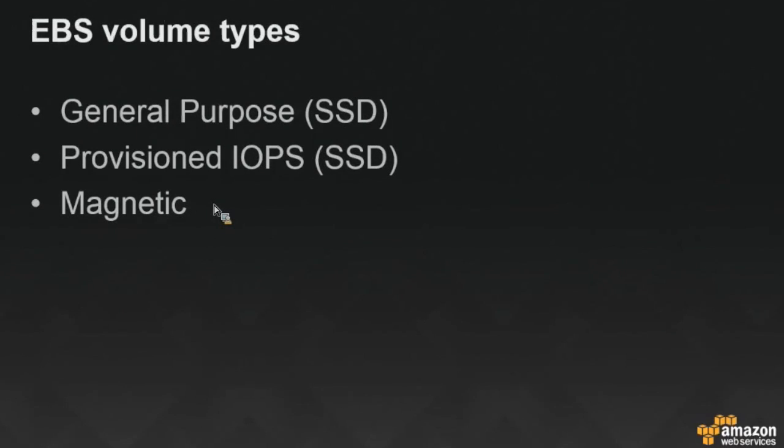Let's dive a little bit deeper into EBS and the different volume types. Today there are 3 volume types for EBS. We have General Purpose SSD, which is the default for AWS. We have Provisioned IOPS, which has a higher level of performance consistency, typically directed at databases and things like that. And then we have the original EBS, which is called Magnetic or EBS Standard.